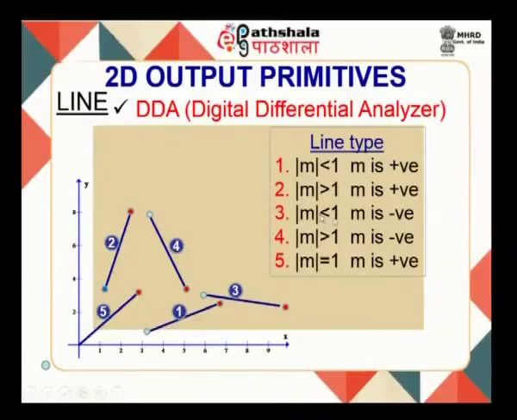The slopes also have values less than 1 and greater than 1, as you can observe. So, these are the possible lines that we can imagine in 2-dimensional space. Let us try to find procedures that can compute points along the lines of the various line types we have just seen.